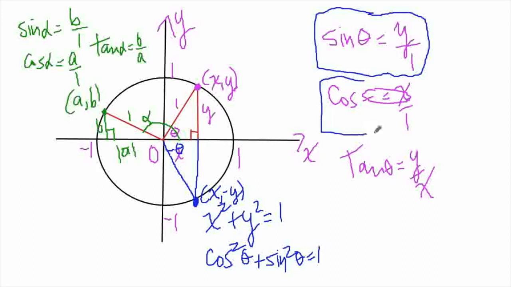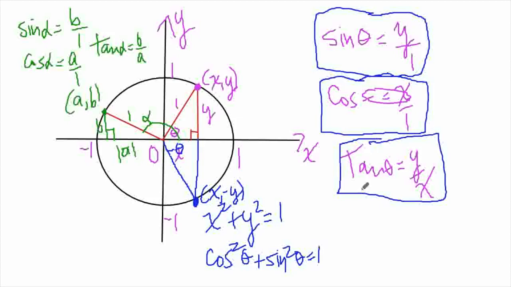The cosine would be the same because the x is still positive. The tangent would change because the sign of y changed.